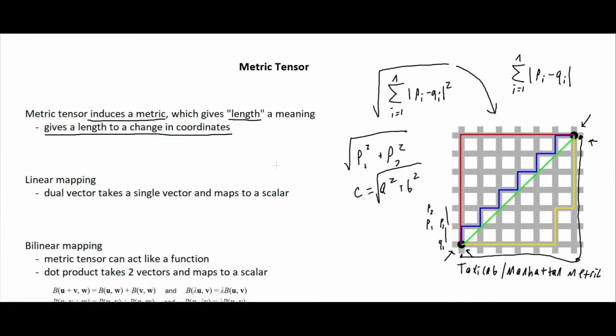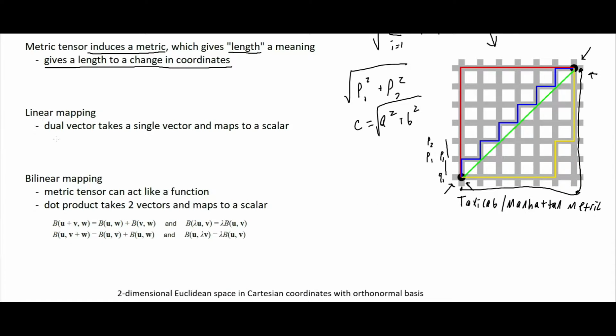One of the things the metric tensor can be used for is what's called a bilinear mapping. A linear mapping is when we bring in the idea of the dual vector. We have our vector and then our dual vector, which is oftentimes written like that, and that brings us to some scalar.